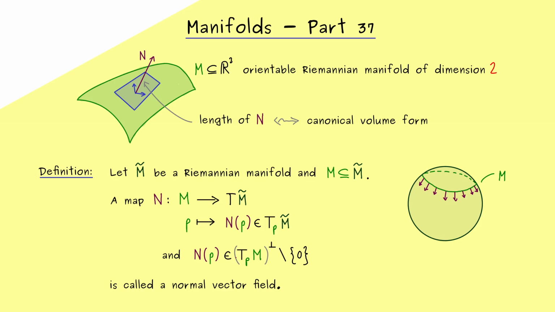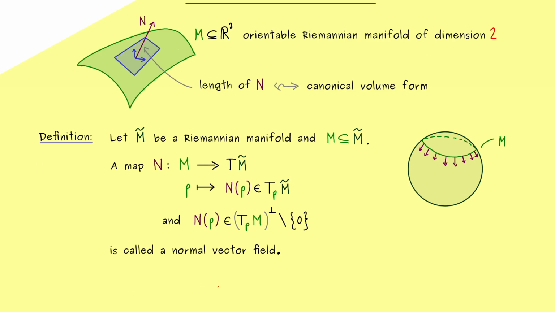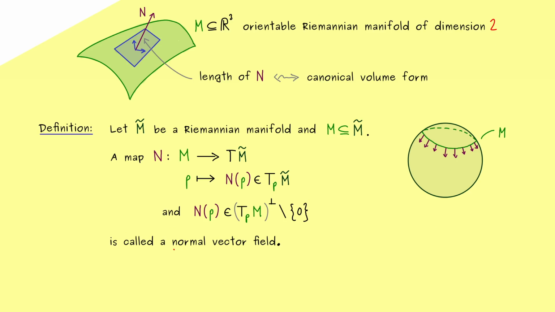And there you should see, normal makes only sense if we have a surrounding manifold M tilde. Because then we can see the tangent space T_p M as a subspace in T_p M tilde. And this is quite important because otherwise we could not work with the orthogonal complement here. Moreover, please don't forget, orthogonality here is seen with respect to the Riemannian metric g_p.